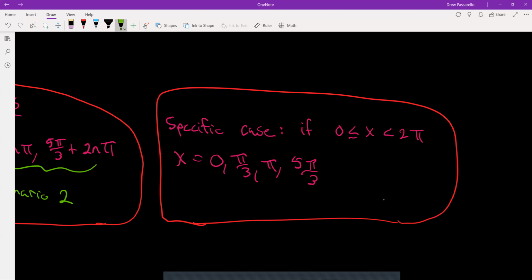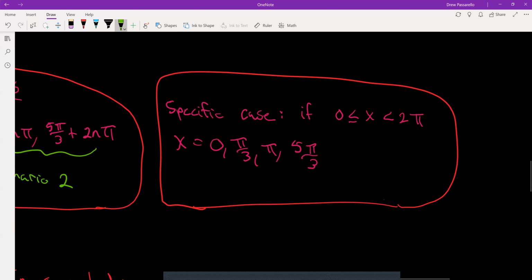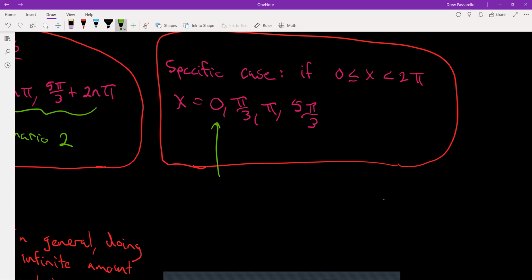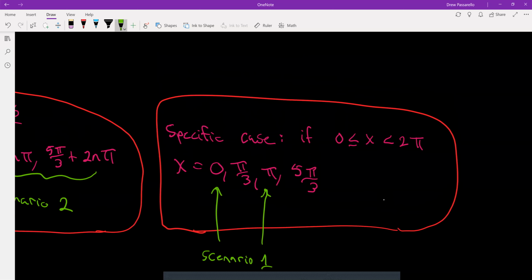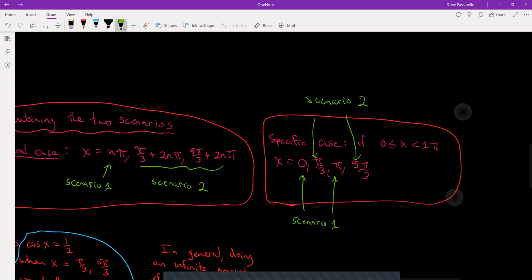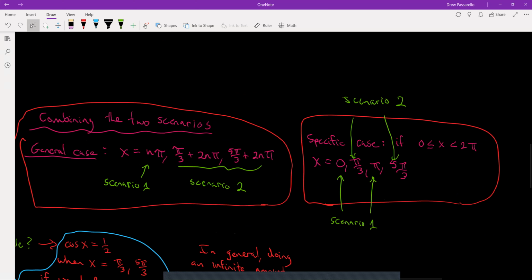And the 0 and pi part came from scenario 1, and then the pi over 3 and 5 pi over 3 came from scenario 2. So it really depends on what they ask, but that's going to be the answer. It's either the general case or the specific case.